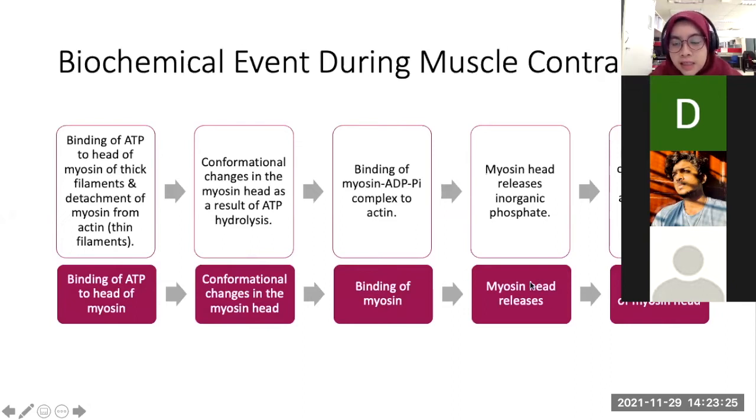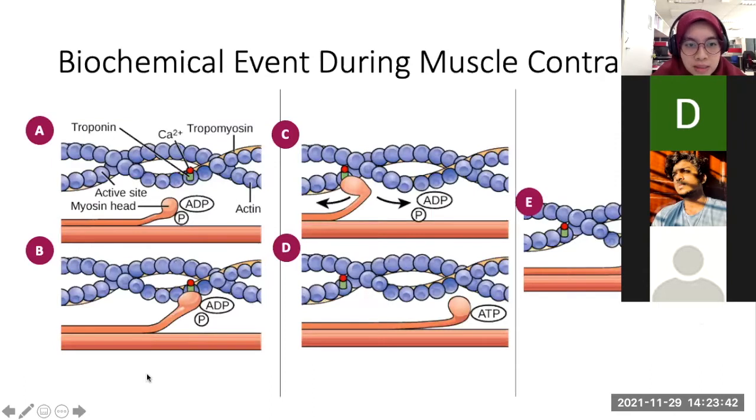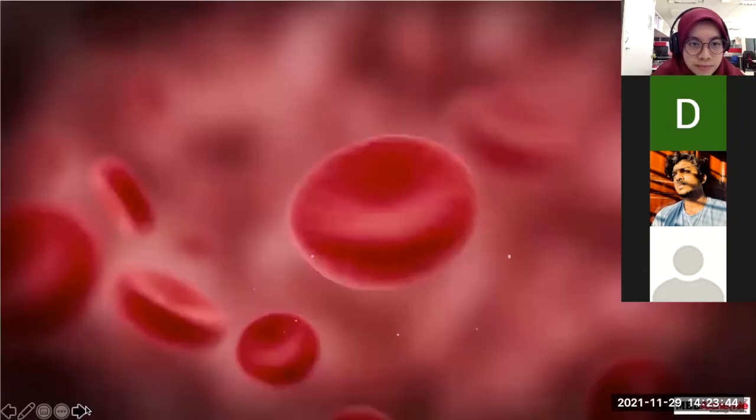And then there will be a release of the myosin head to allow relaxation, so the contraction will not be for too long. It will contract, relax. And there's a reattachment of the myosin head, and the cycle will continue. This is the diagram for it, and we will look into it one by one.